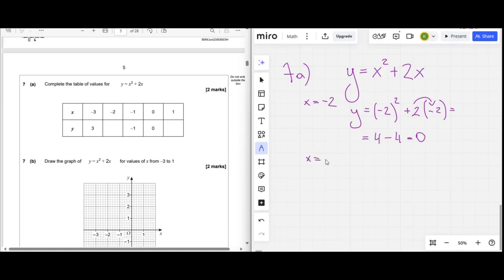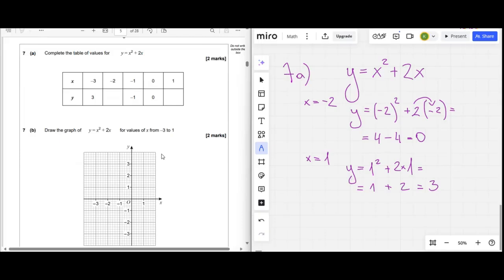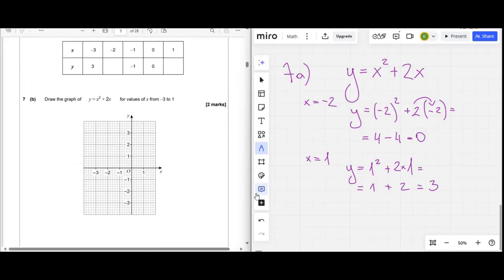And another x being 1. So y equals 1 squared plus 2 times 1 is 1 plus 2, so 3. That's at the end. And now we need to draw the graph.